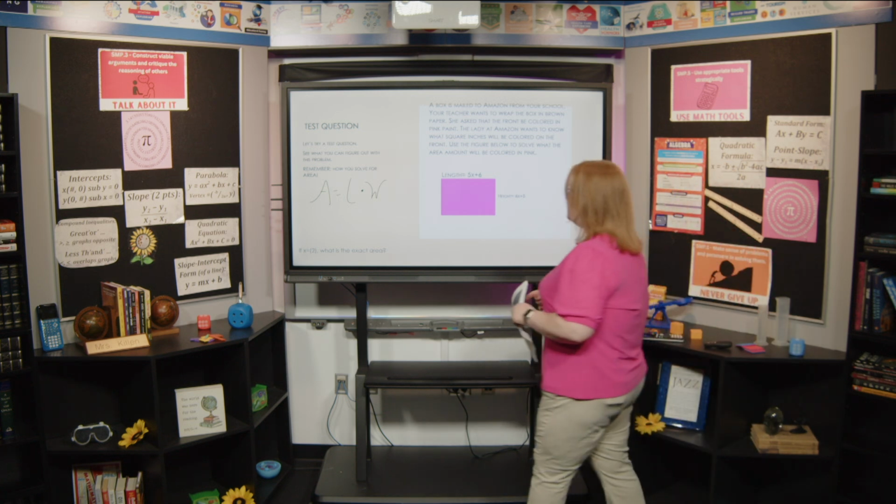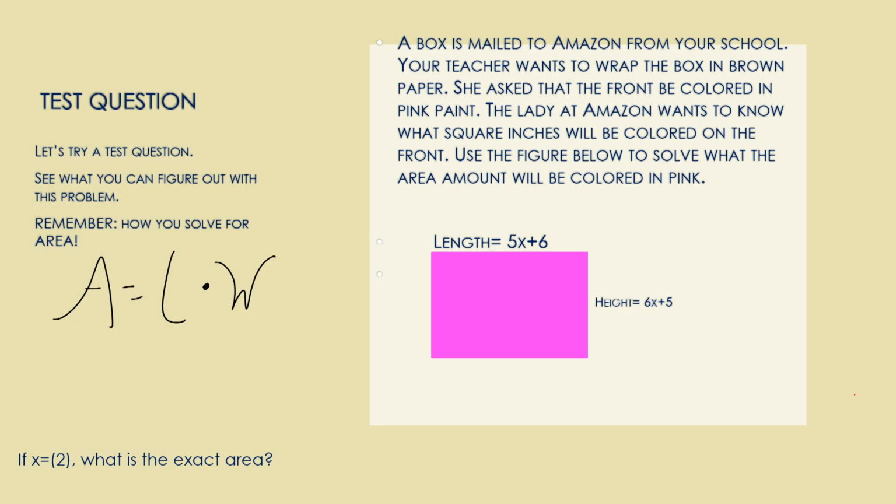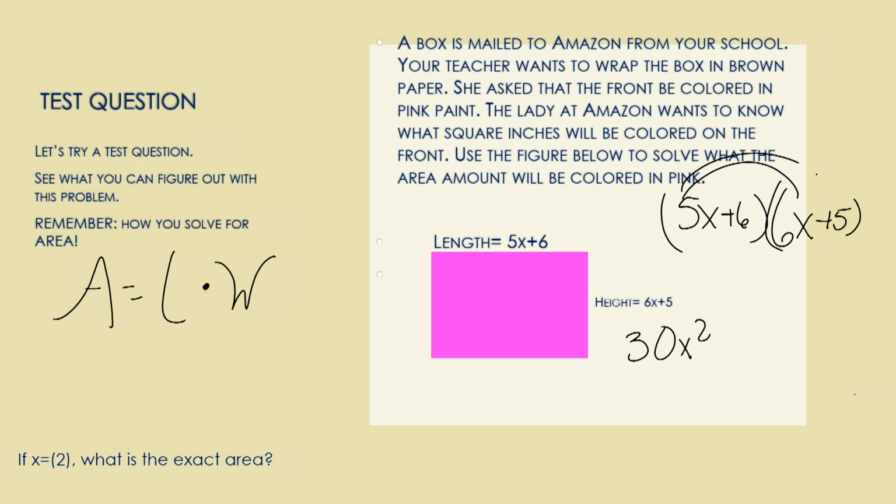Here we go. So I'm multiplying length times width. So I have 5x plus 6 times 6x plus 5. I'm going to FOIL it. I'm going to get 30x squared plus 25x plus 36x plus 30, putting my like terms together, and then I'm going to take 25 and add 36 to it.